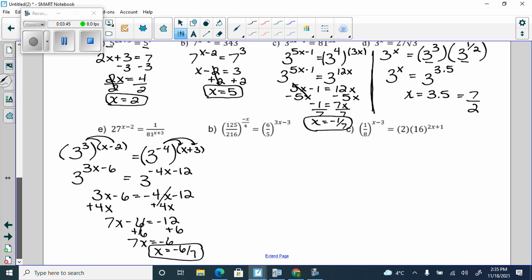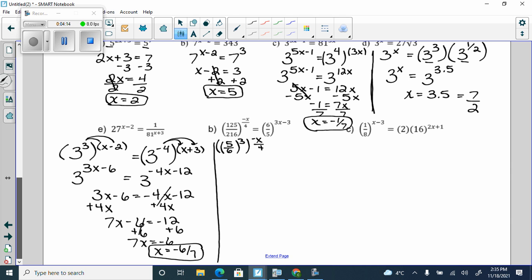B, I tried to give you guys a helpful hint. I said 125 over 216. You have to make it be two bases to the same exponent. 125 and 216, you can make them be 5 and 6. So this would be 5 over 6 to the 3 to the negative x over 4. But do I want 5 over 6?